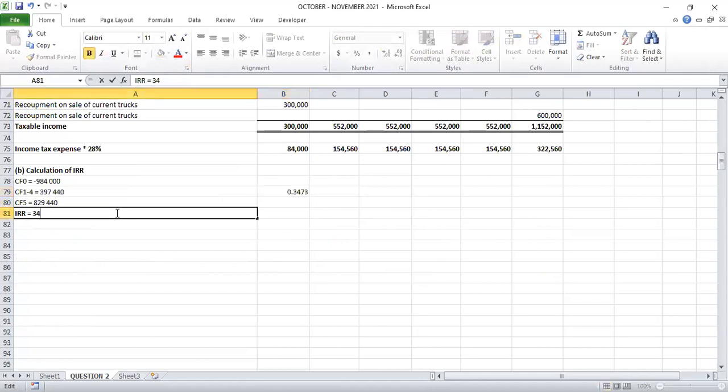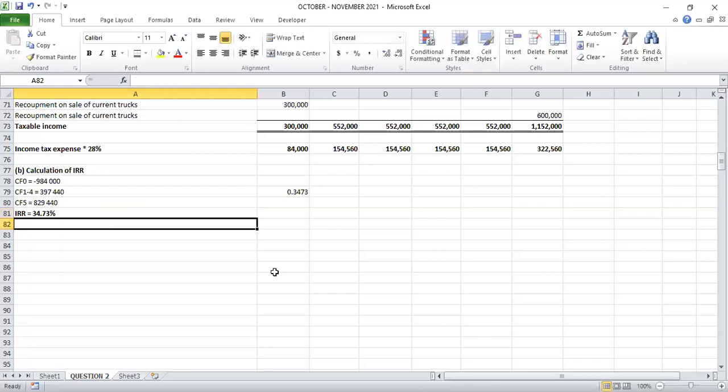That means 34.73%. And the IRR will be acceptable as long as it is more than the cost of capital. Like in this case, if you can check, our cost of capital is 14% and our IRR is 34.73.